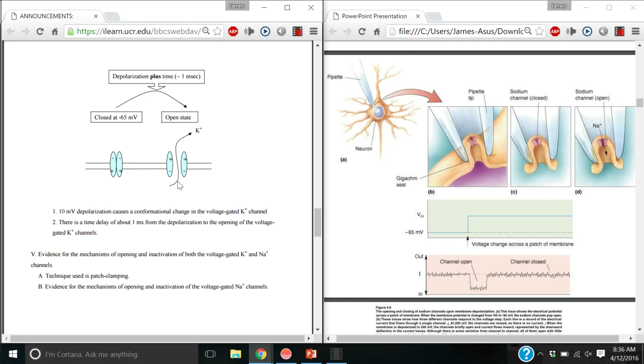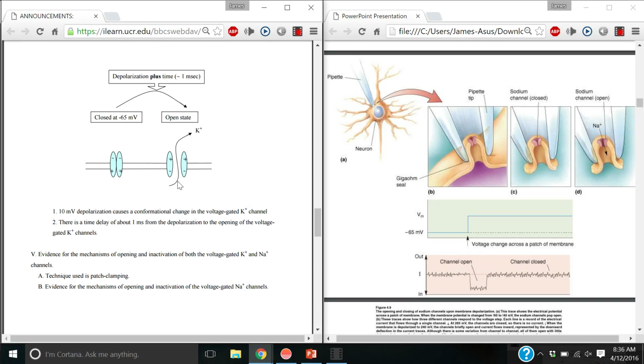I'm going to describe a little bit of patch clamp and show you some simulated and some actual data to really help you understand the role of the voltage-gated sodium and potassium channels in the production of the action potential. Okay? So here we have a description of patch clamp and what it means.